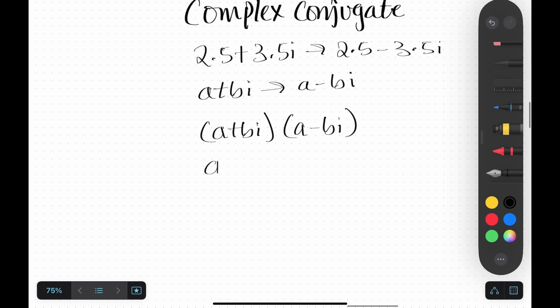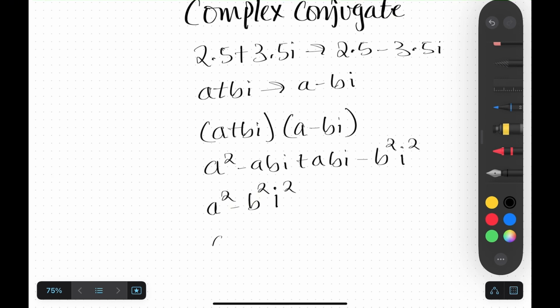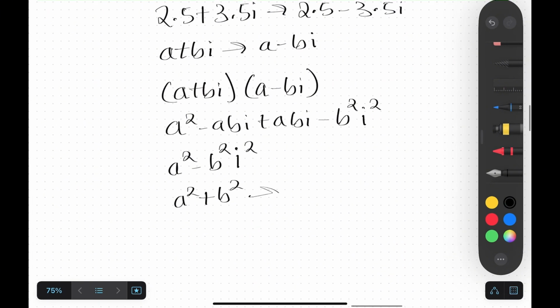And we get a squared minus abi plus abi minus b squared i squared, which becomes this, and a squared plus b squared, which leaves us with no imaginary part, as in no part with i in it.